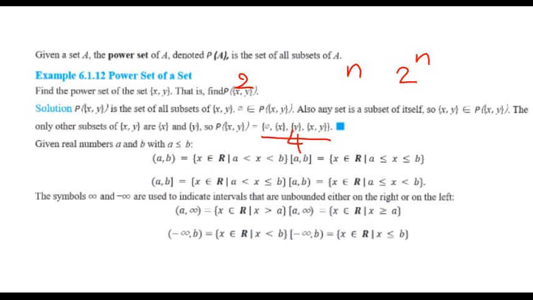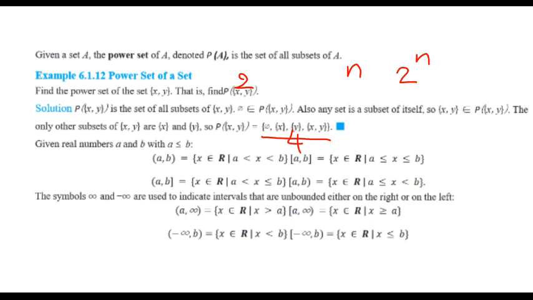So this interval is the set of all elements in R such that x is greater than a and x is less than or equal to b. So b is included in the interval, but a is not. And similarly, we define a semi-open interval [a, b), which includes a but does not include b, and is defined as the set of all real numbers x such that x is greater than or equal to a, but x is less than b.